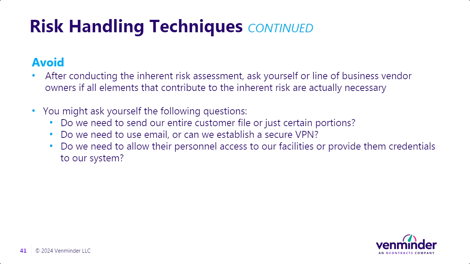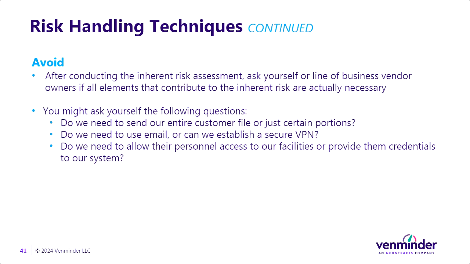So maybe you need to go back and take a look at what are some things we could do to stay away from avoiding altogether. So you might ask yourself these questions. Do we need to send our entire customer file or just certain portions? Do we need to use email, or can we establish a secure VPN? Do we need to allow their personal access to our facilities or provide credentials?